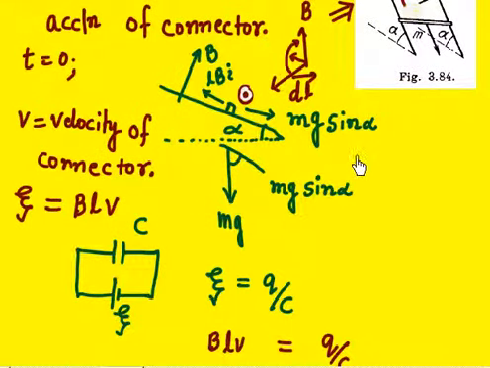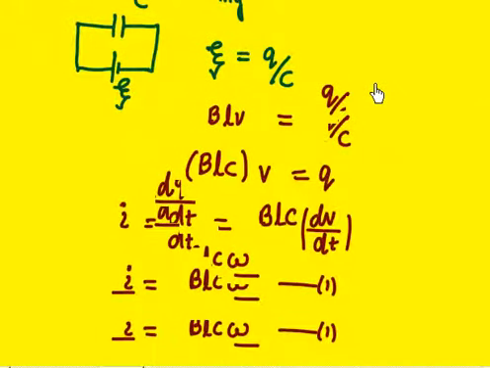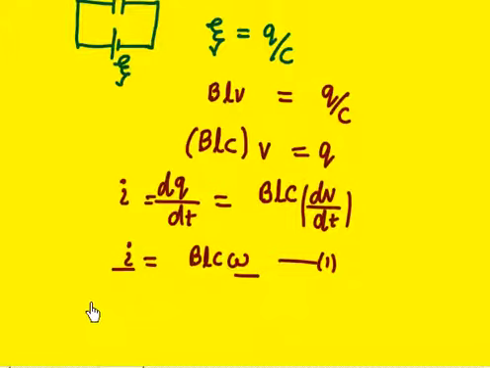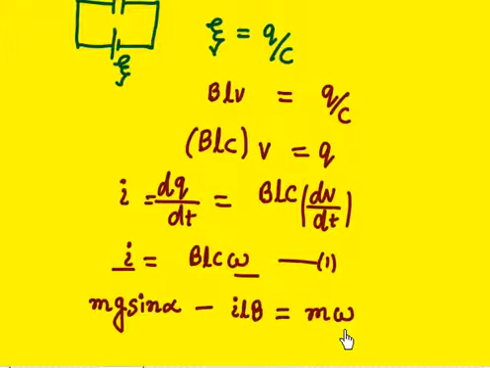The force is mg sine alpha minus ILB. So mg sine alpha in the downward direction, minus ILB, are you getting or not? This is equal to mass into acceleration, m into omega.